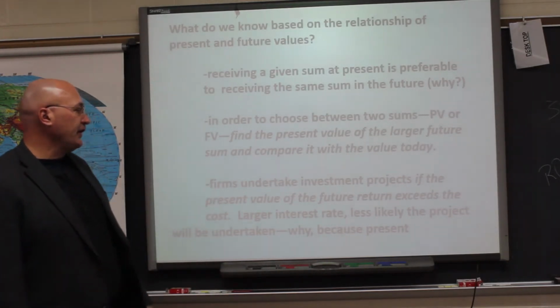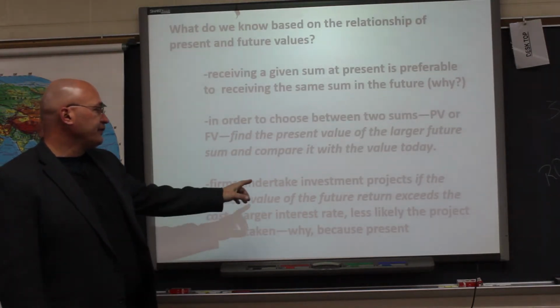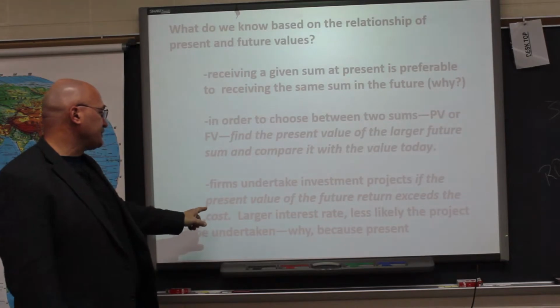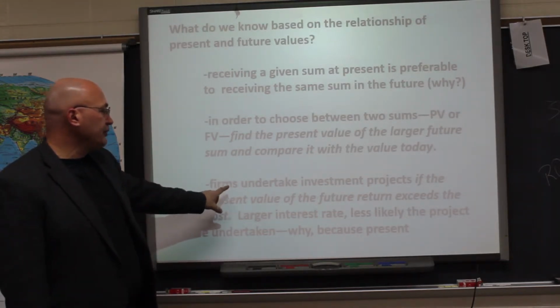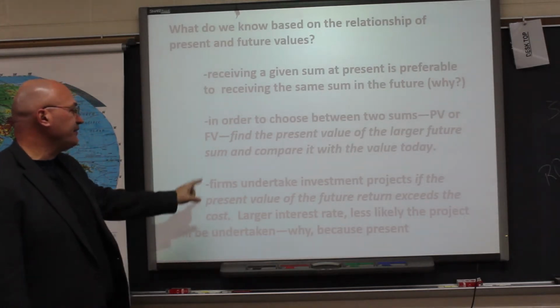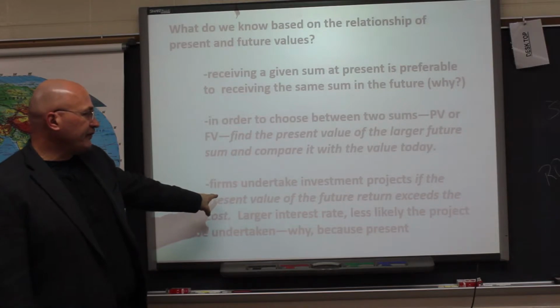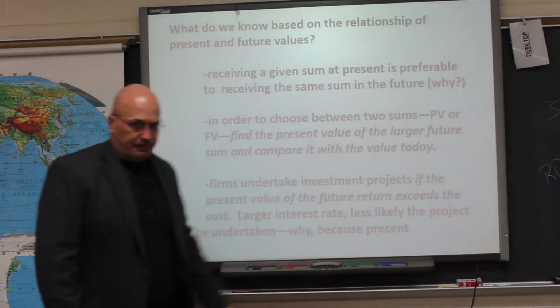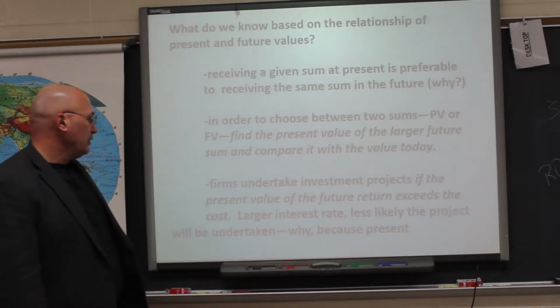Firms do this all the time. I will undertake the investment if the present value of the future return exceeds the cost. Okay, if that exceeds my present cost, go with it.